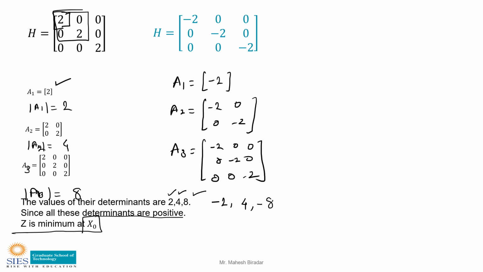So these values alternate: negative, positive and negative.